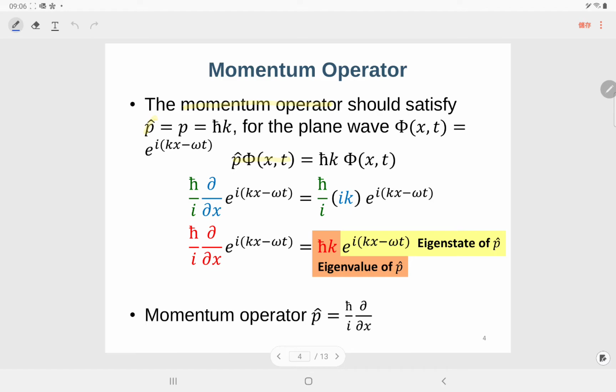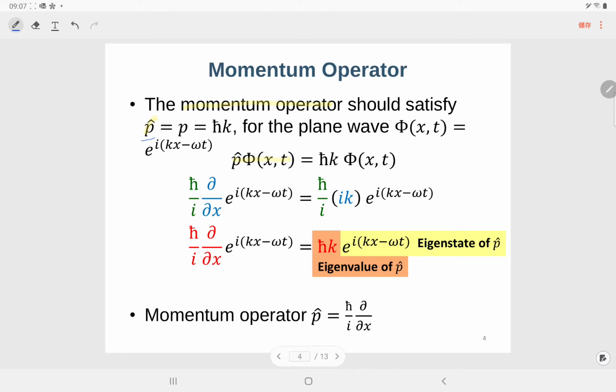It's hard to explain why we make this claim, but after we make this claim and derive the following equation, everything looks fine. So here's the momentum operator. We hope this momentum operator p hat, if a character has a hat on top, we call it an operator rather than a variable or value.